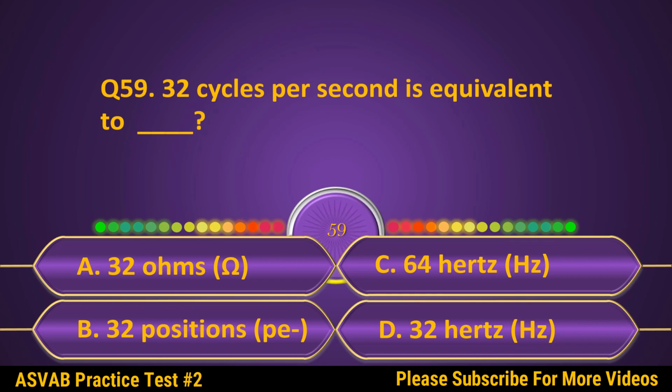Question number 59. 32 cycles per second is equivalent to blank. The options are A. 32 ohms, B. 32 positions, C. 64 hertz, D. 32 hertz.